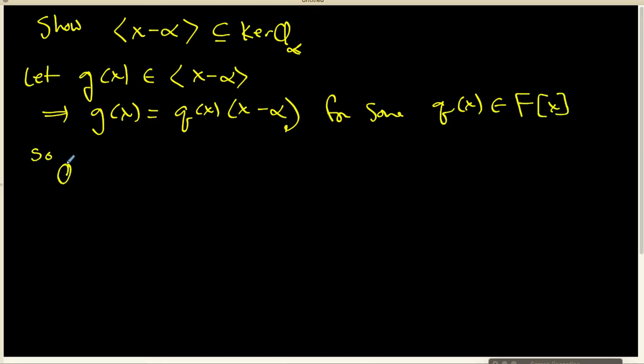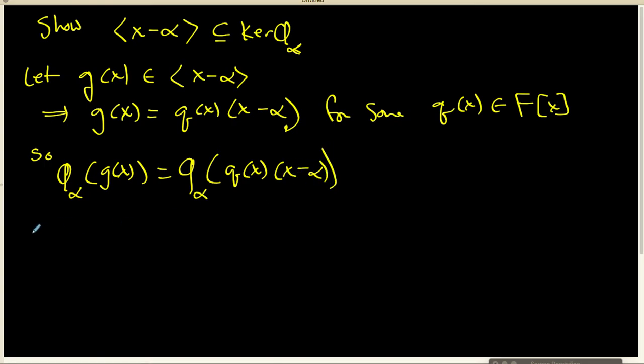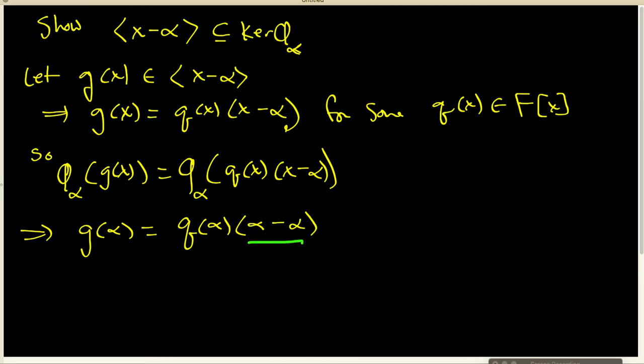So what does that say? That says phi sub alpha of g of x is going to be phi sub alpha of q of x times x minus alpha. So what we have is g of alpha is going to be q of alpha times alpha minus alpha. But this is a big fat 0 again. So we get q of alpha times 0, which is just 0.